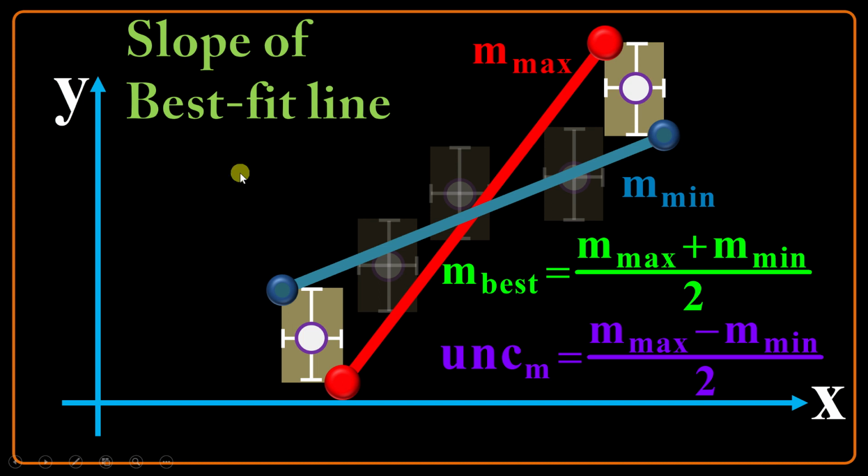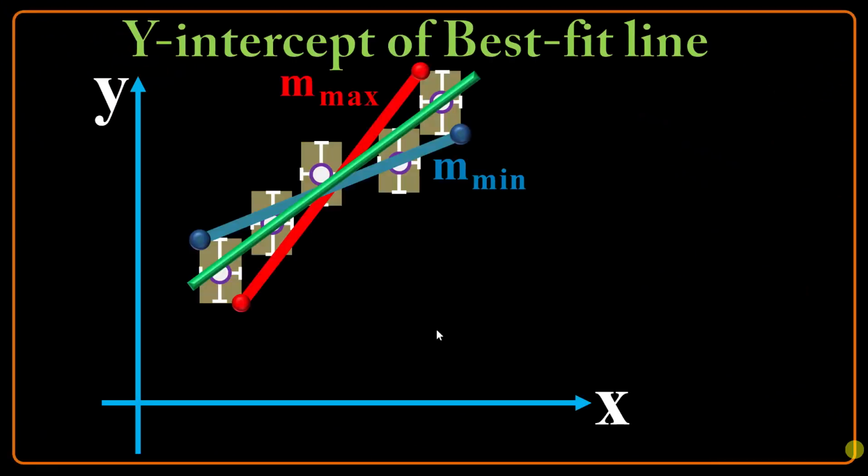Still, I have something more to learn, which is the y-intercept. Let's learn it. Okay, now let's concentrate on y-intercept of the best fit line. Here, maximum slope is for the red line and the minimum slope is for the blue line. I extend the red line like this.